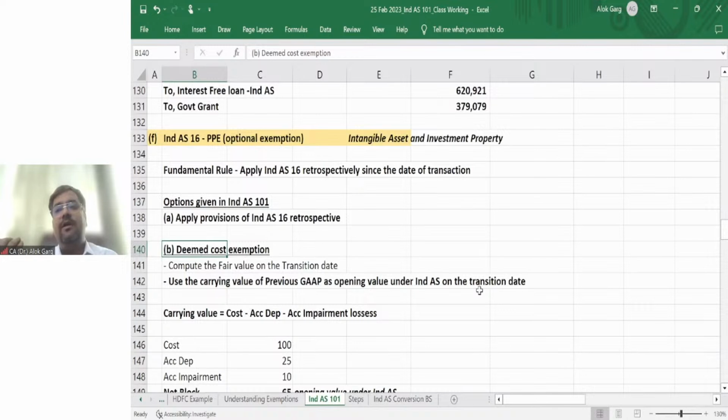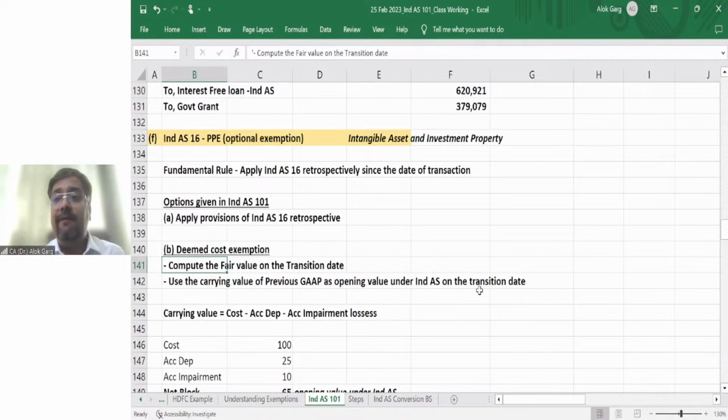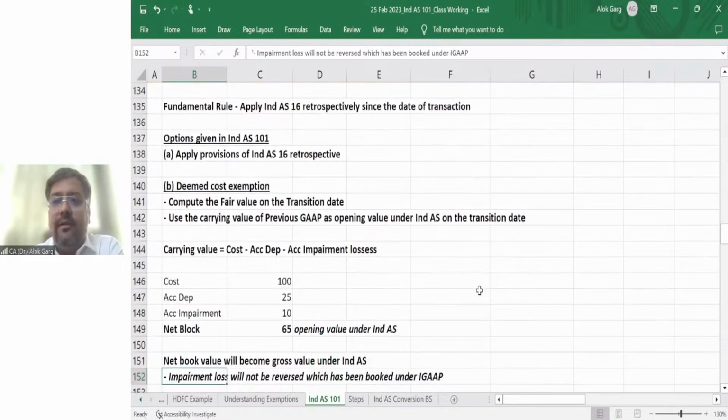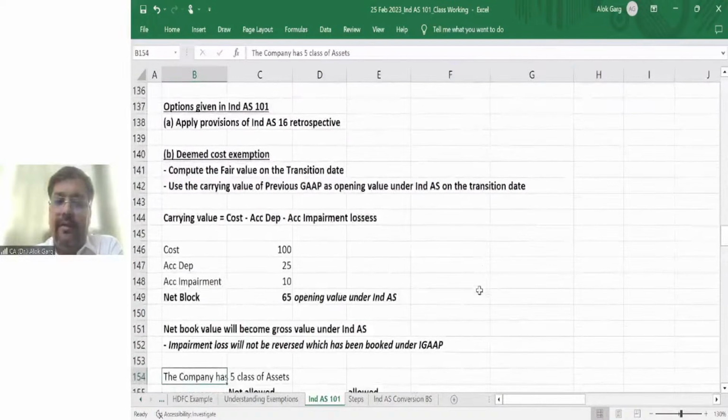First, you compute the fair value on the transition date, get the fair valuation done, and take those fair values as the opening value under Ind AS. If you don't want to get the fair valuation done, then whatever closing value as per IGAAP is there becomes your opening value under Ind AS. So this part we have understood very clearly.